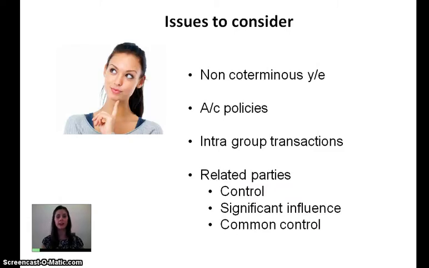Other issues that you need to consider whenever you're preparing the consolidated financial statements is, are there non-coterminous year-ends? Basically, if you're preparing consolidated accounts, it would make sense that if you're going from January to December within the parent company, the subsidiary needs to be brought in for that period as well.